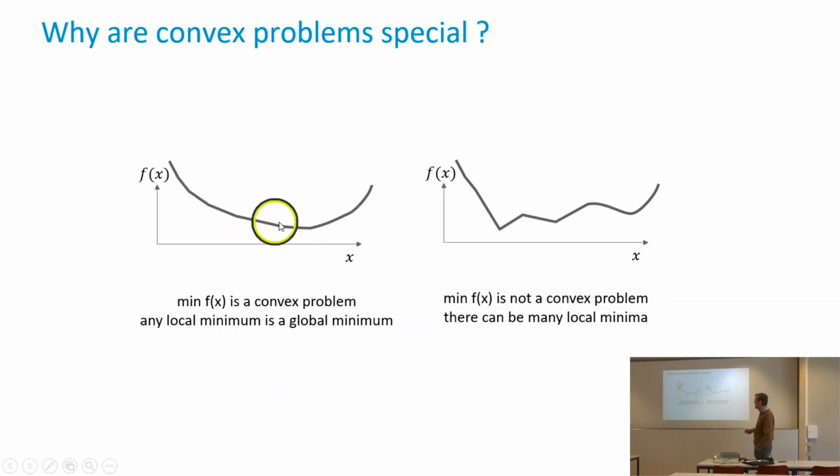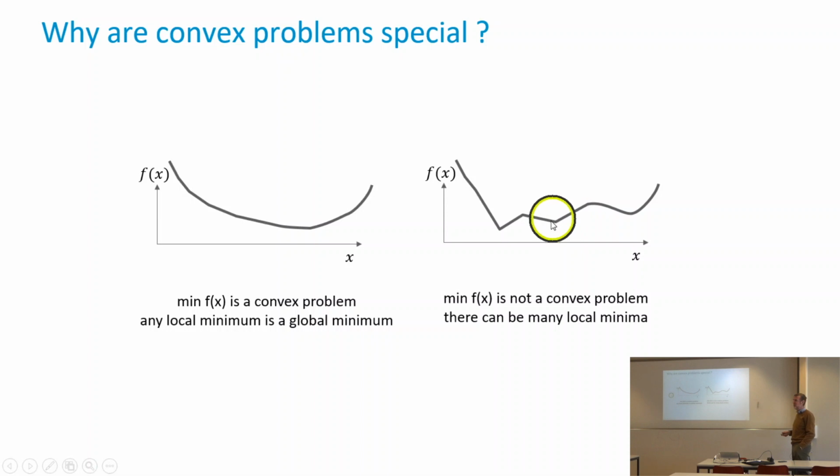So if I minimize this convex function over this interval, then we see that there is a single minimum, which might not be true always. There might be a plateau, it might be flat at some point. But the key property is that any local minimum is global. So if I have a point where I am a local minimum, if I'm looking only in a small neighborhood around x, I see all these points I am minimum, there cannot be another minimum somewhere else.